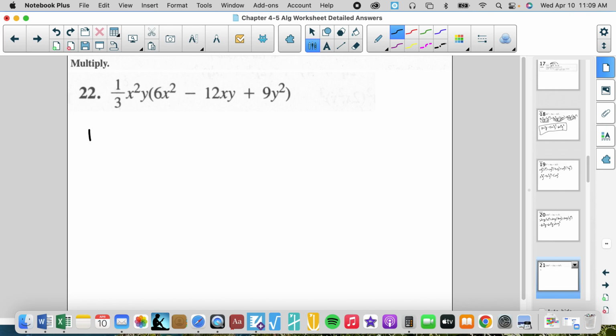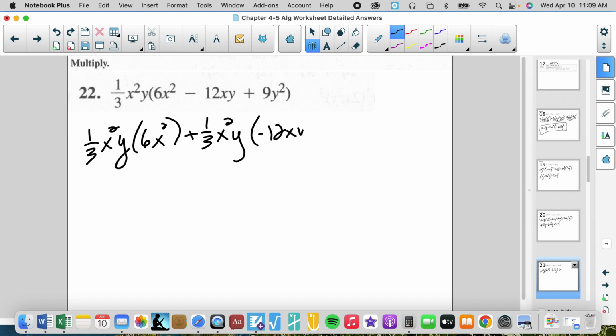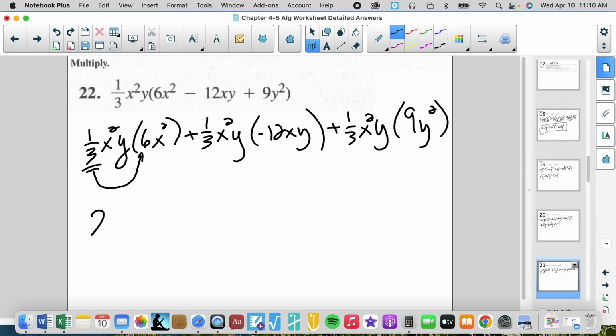This is positive 6x squared y, and this is negative 2xy to the third, all in standard form. Now, fraction: 1/3 x squared y times 6x squared plus 1/3 x squared y times negative 12xy plus 1/3 x squared y times 9y squared. So we're going to multiply coefficients. 1/3 times 6 is 2.